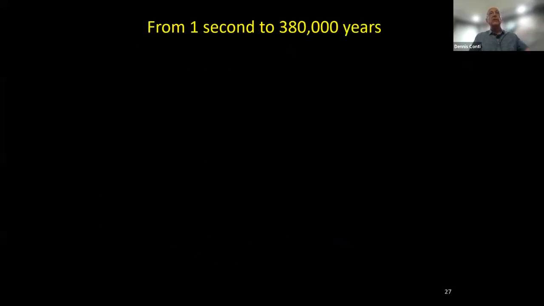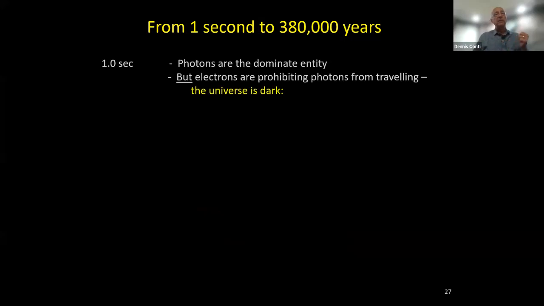Now let's jump from 1 second to 380,000 years after the universe began. In the first second, photons were the dominant thing. They were just sort of floating around. But electrons were prohibiting photons from traveling. So the universe is very dark. This is called the dark age. Photons are there, but they're being captured by electrons, so there's not any light.